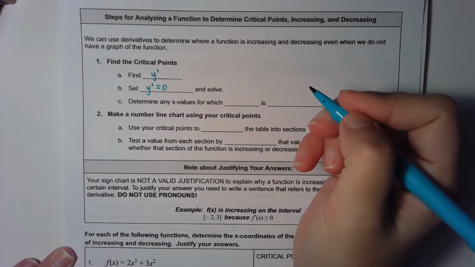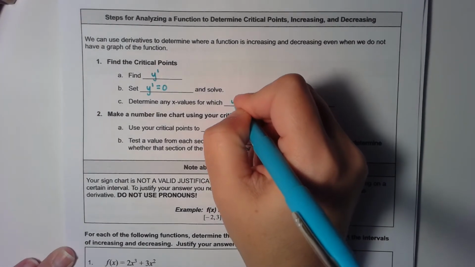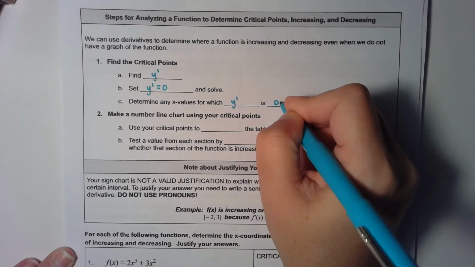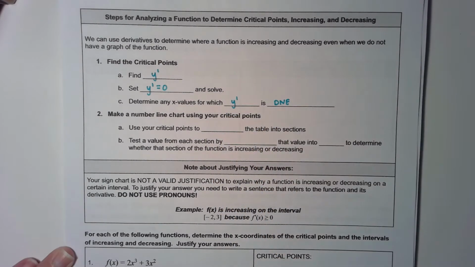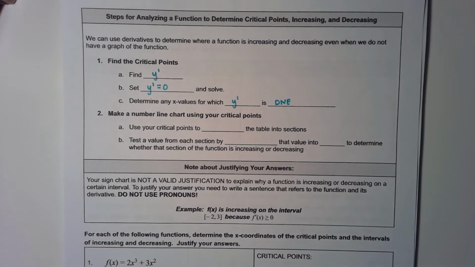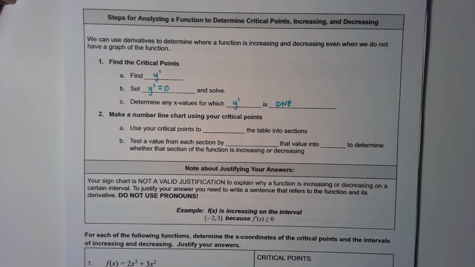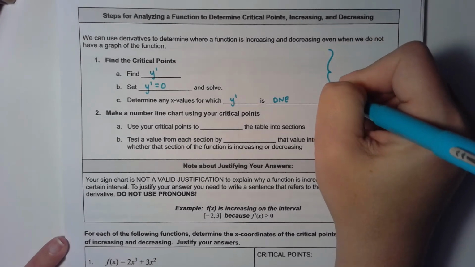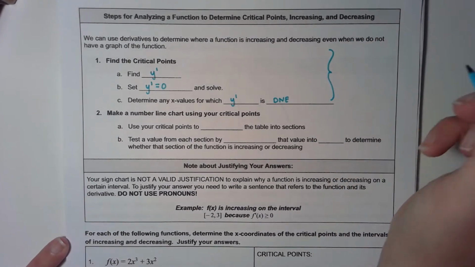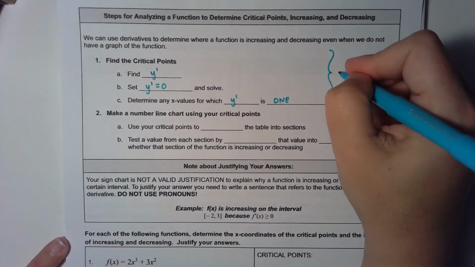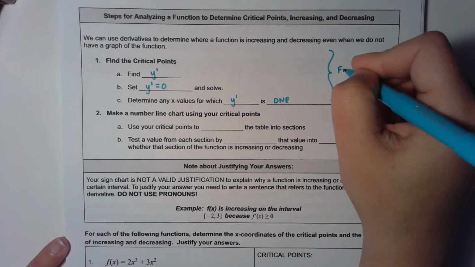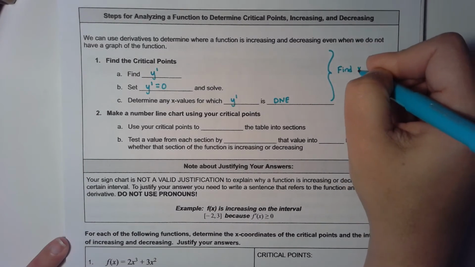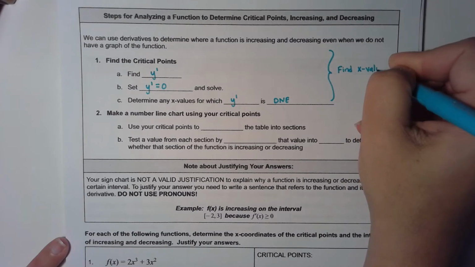Then you're going to determine any x values for which the derivative is undefined, because that's another way for us to get a critical point, is that either the derivative is 0 or the derivative is undefined. By doing these 3 steps, find the first derivative, set it equal to 0, and determine where it's undefined, we are finding the x values of the critical points.